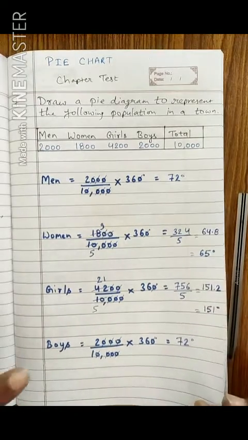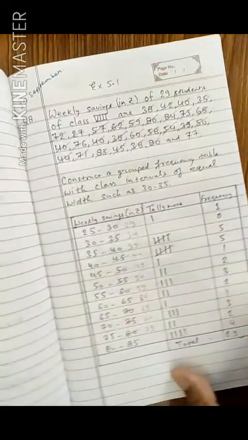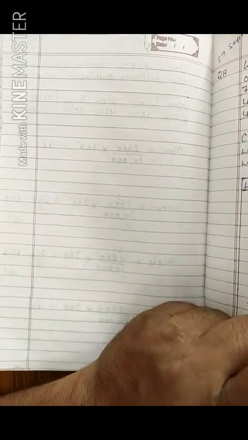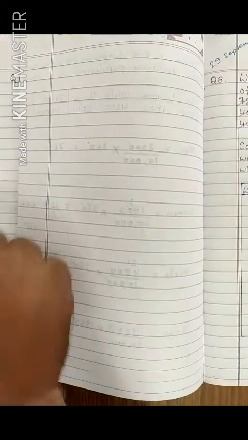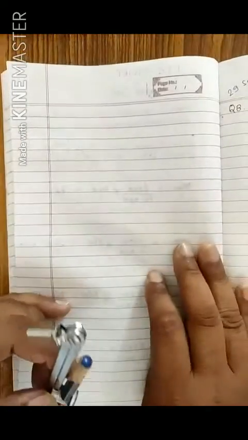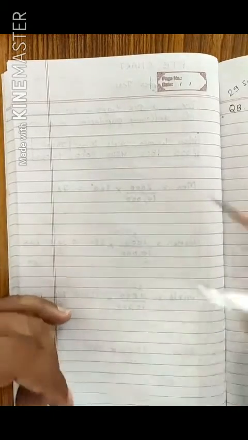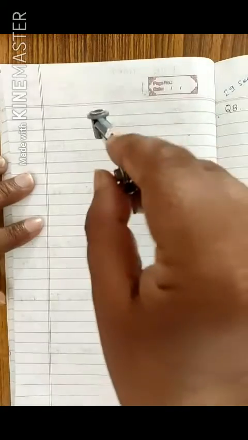Now I am going to draw the pie chart for this. For a pie diagram, we have to draw a circle, because the meaning of pie is circle. This is known as a circle chart also.